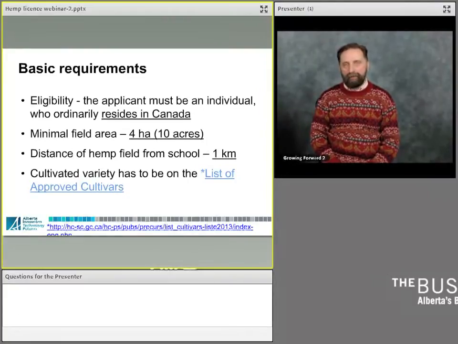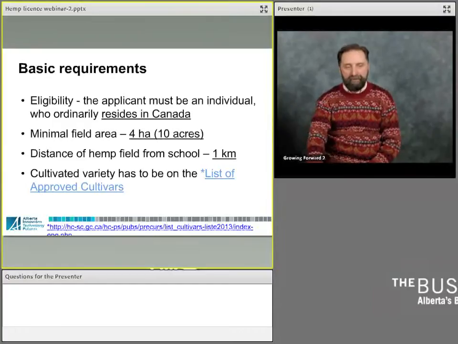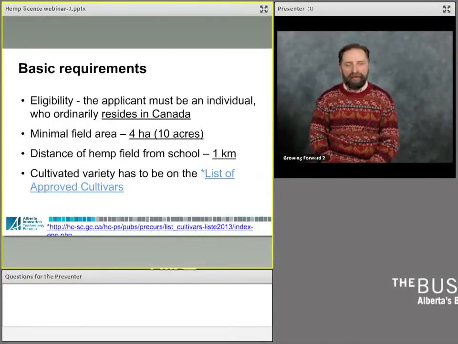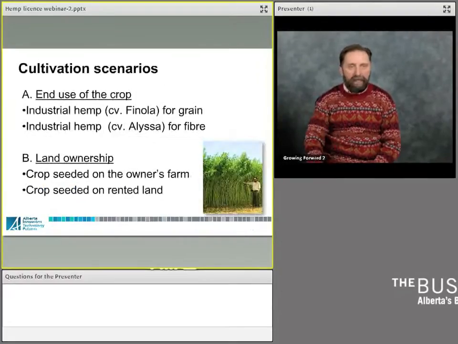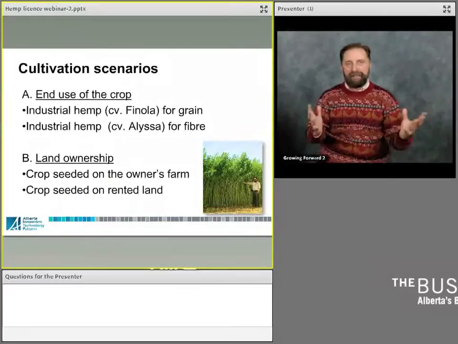So you cannot go to your neighbor who happens to have some hemp seeds and ask him to share some seeds. The cultivar has to be, first of all, of the pedigree status, and secondly, has to be on the list of approved cultivars. And this list is published typically in January by Health Canada, and the link to this list is provided on the slide.